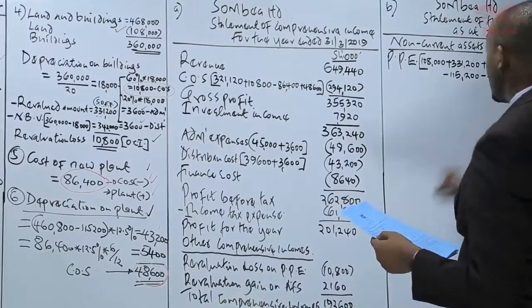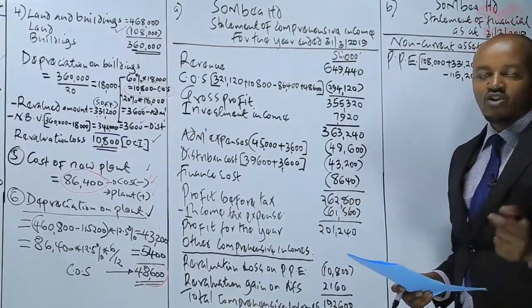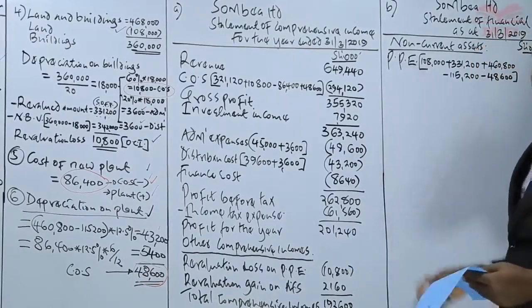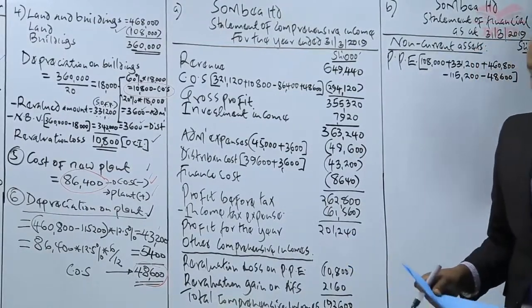Whatever you get will be the total net book value for all tangible non-current assets, which in a single term we refer to as property, plant and equipment.